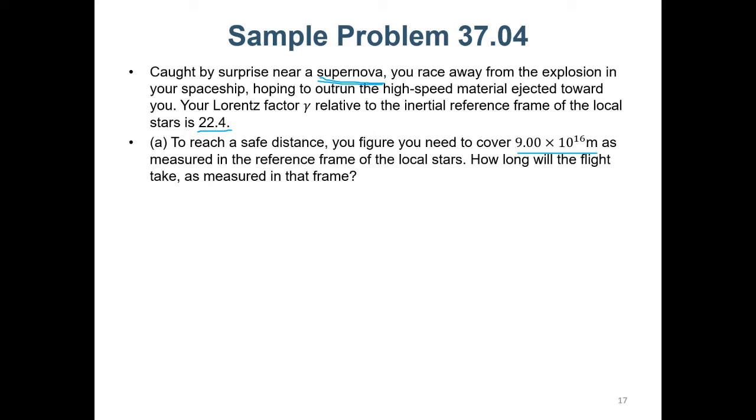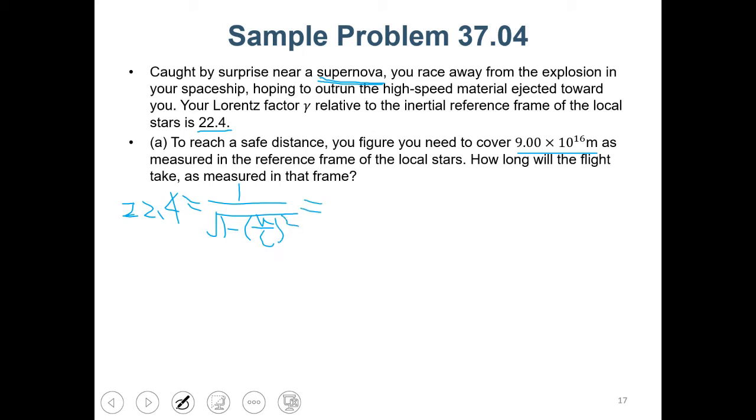Okay, so first of all, we calculate what is the speed. So we have 22.4 equals 1 over the square root of 1 minus v over c squared, so that we can have v equals 0.999 c.